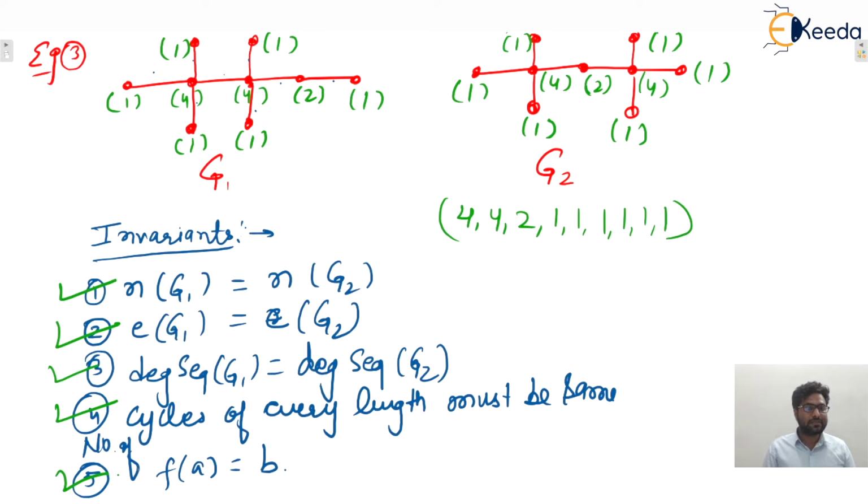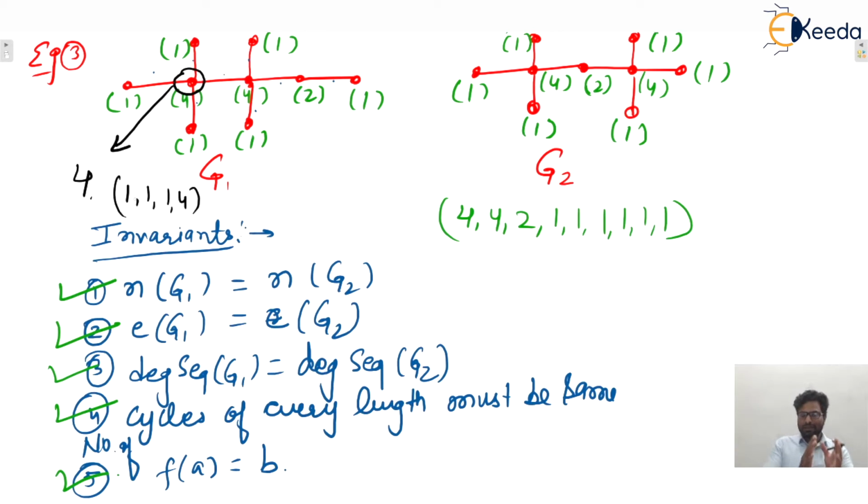Let us consider this particular vertex. This vertex is of degree 4, and the adjacent vertices of this particular vertex are of degree 1, 1, 1 and 4.